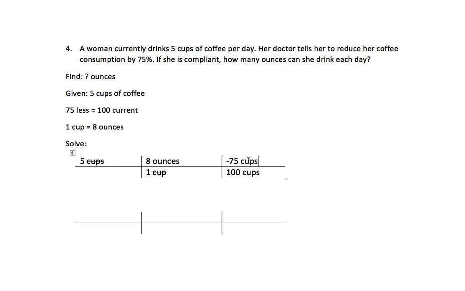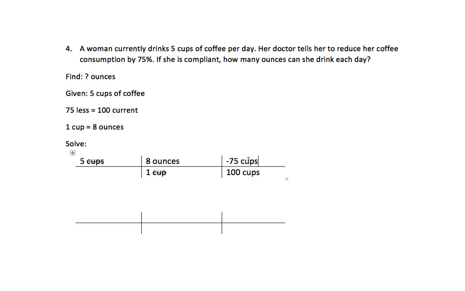If you start with that in the top of the first block, you'll still get where you need to go. So in this case, we need ounces, so I'm going to start with ounces. It's just another approach that'll get you to the same place. So if you say 8 ounces, and you always, always, always put in the denominator whatever it said it was equal to. So 8 ounces is 1 cup.